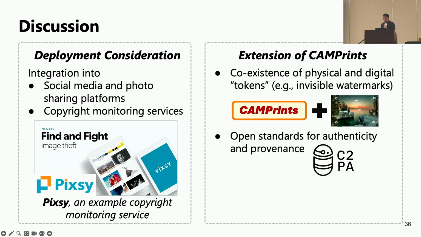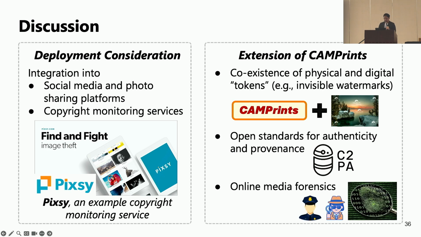Second, it could contribute to the development of open standards for digital content authenticity and provenance, such as C2PA. Finally, CAMPrints' core technology may support law enforcement and investigators in online media forensics by helping identify ownership of inappropriate or illegal content shared online.